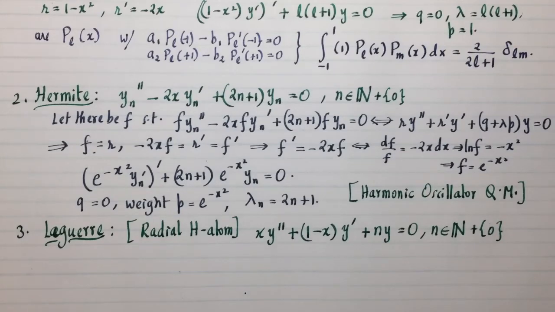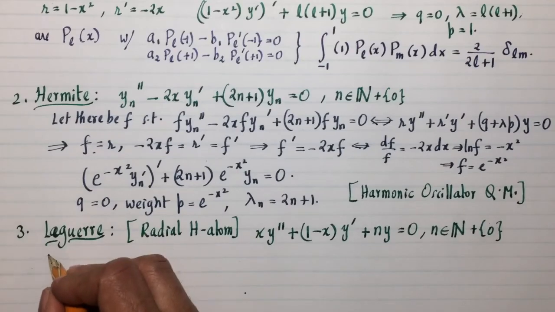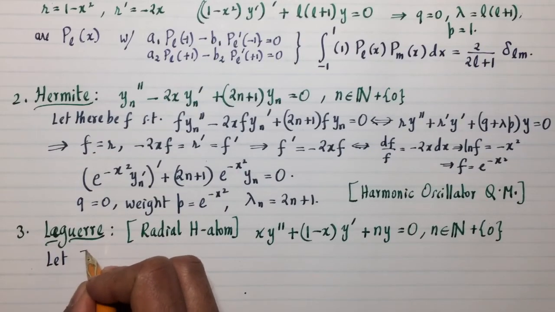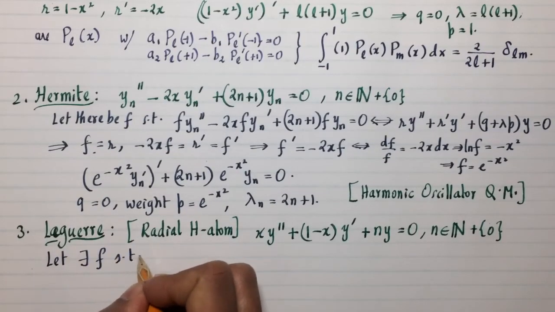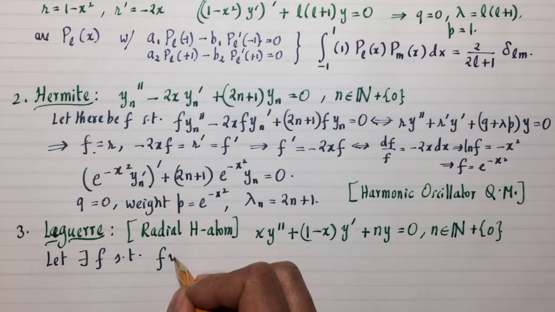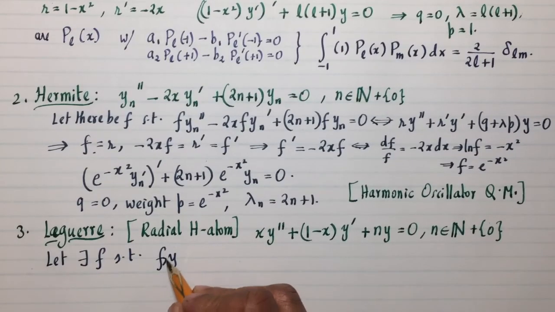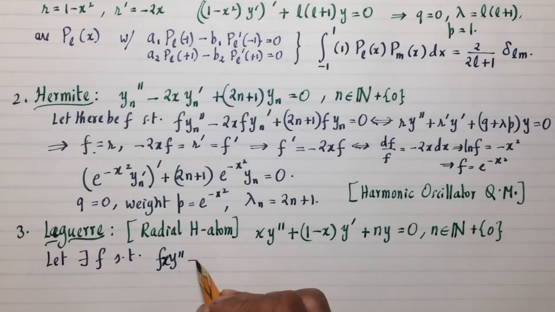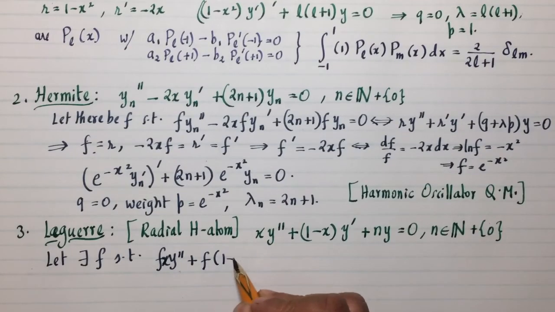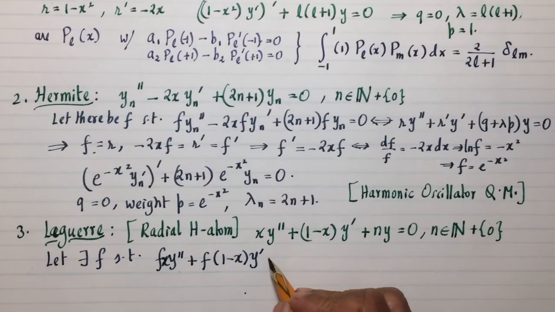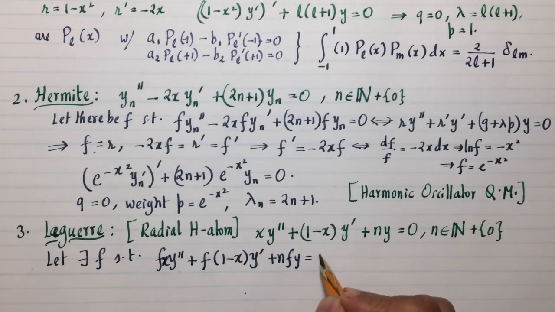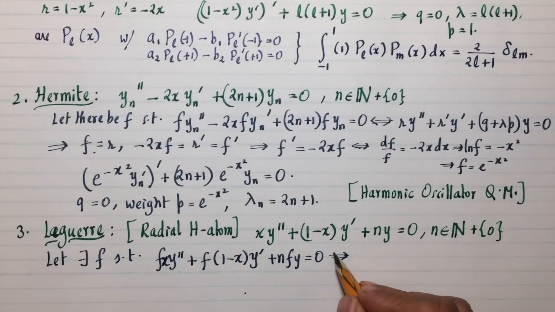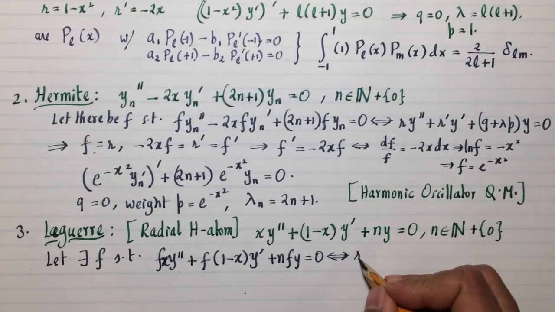So we multiply it by a weight function. So again, we'll write, let there exist an f such that f x y double prime plus f times (1 minus x) y prime plus n f y equal to 0, and that it should look just like the standard Sturm-Liouville form.